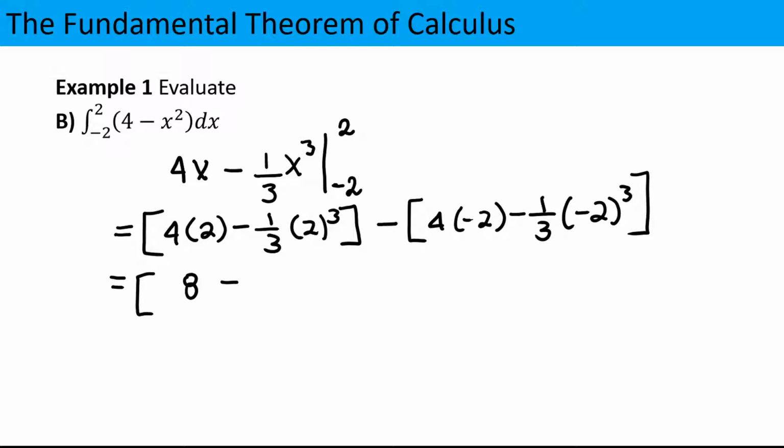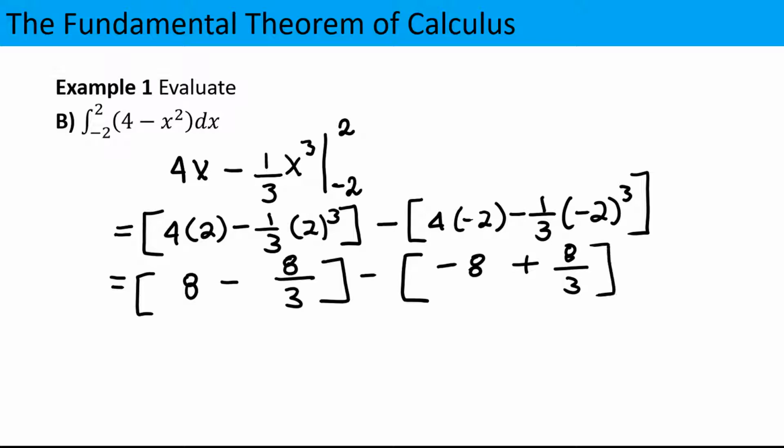Then we would have 2 cubed, which is also 8, but divided by 3, minus, continuing, 4 times -2 is -8. Let's be careful with the number of negatives. -2 cubed retains the negative, but minus negative changes that to a positive, so positive 8/3.